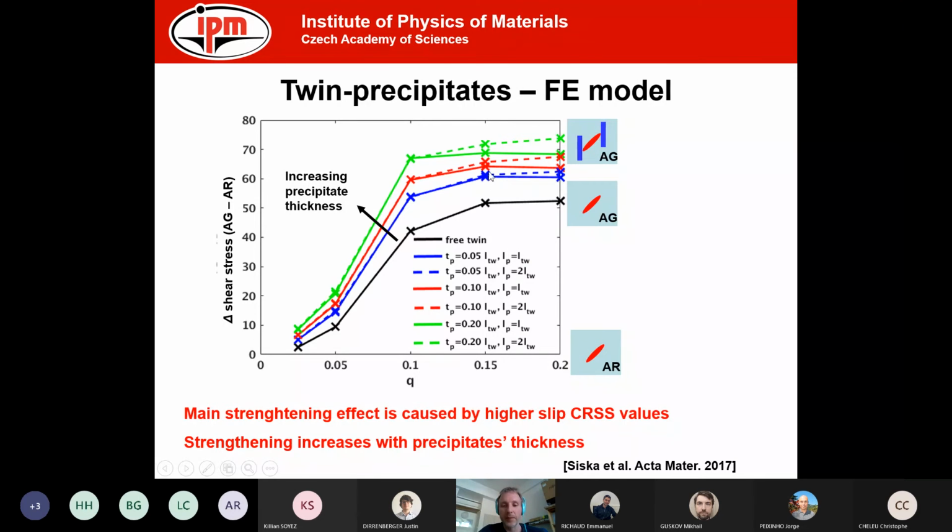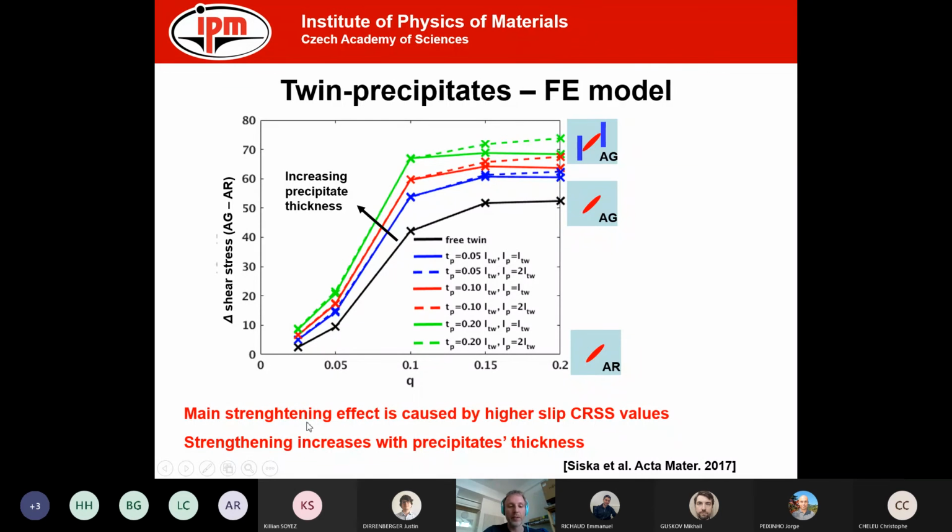But the precipitates will still add some more, and you can see that with increasing precipitate thickness, you increase the stress necessary. So it means that the thicker the precipitates, the higher the strengthening of your material will be.